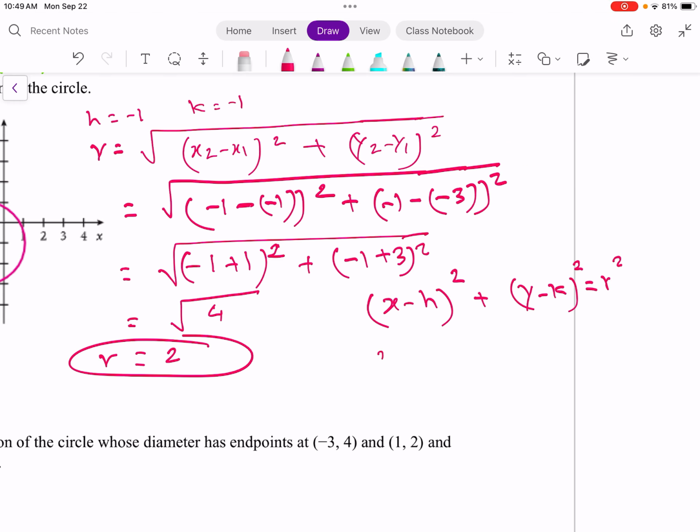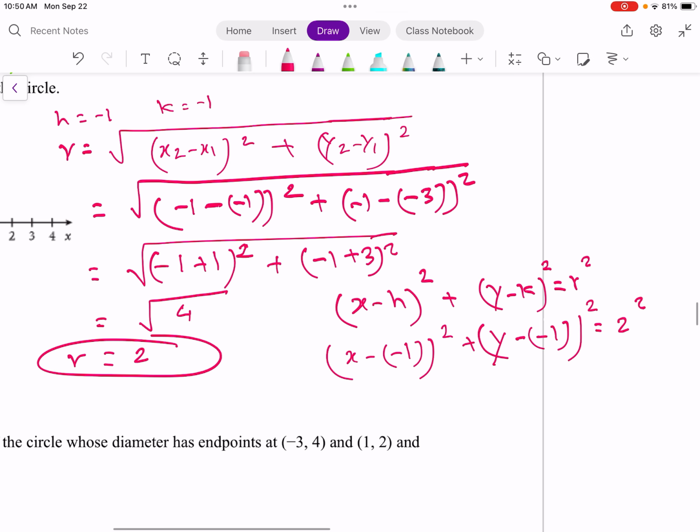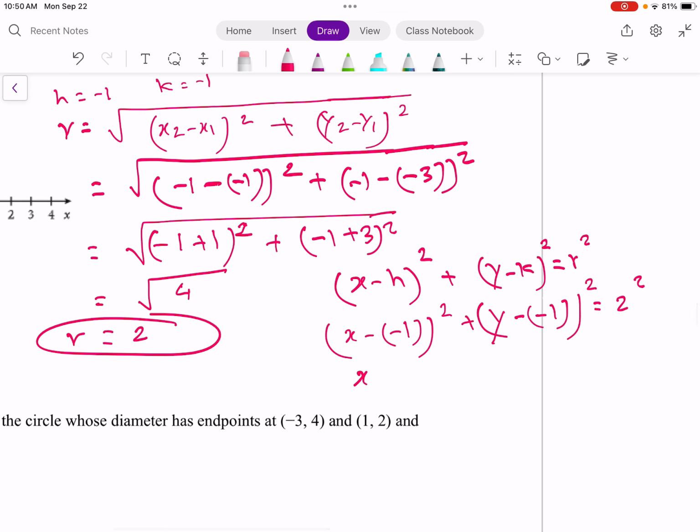So x as it is, h is −1, plus y as it is, k is −1, equals r, which is 2, squared. Let's simplify one more step: (x + 1)² + (y + 1)² = 4. And this is the equation of the circle in standard form.